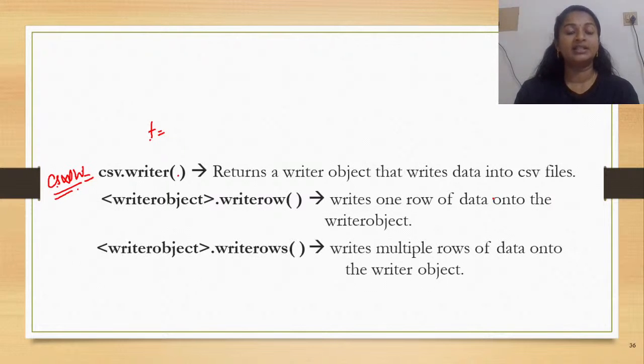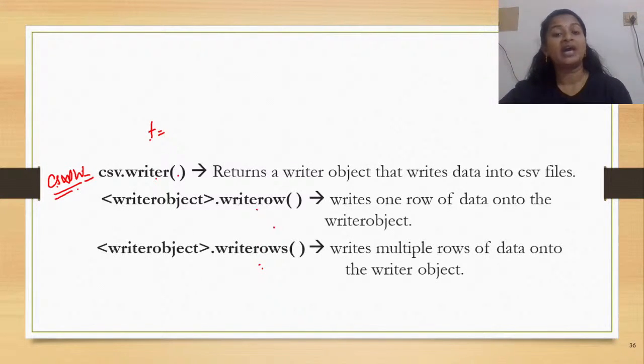Now we also learned that there are two other methods, writerow and writerows. They are methods, right? So how can you access these methods? Only if we have the object. So the syntax would be the object dot the method. Whenever we invoke the writer function, it returns an object, and this object is our writer object.